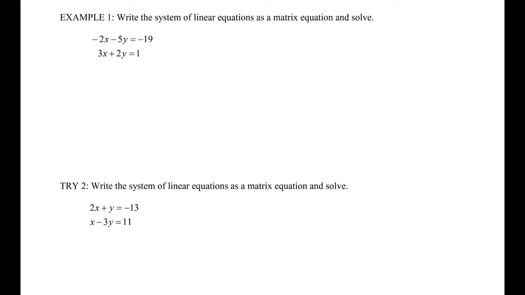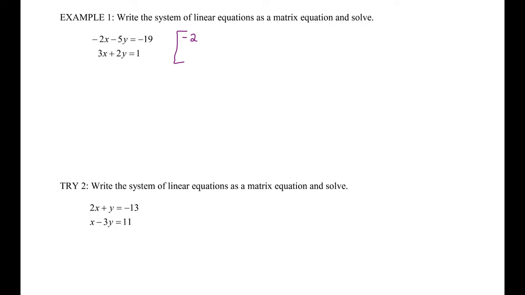Example number 1. The first thing I want to do is write this in terms of a matrix equation. So we are going to take the coefficients out front first.